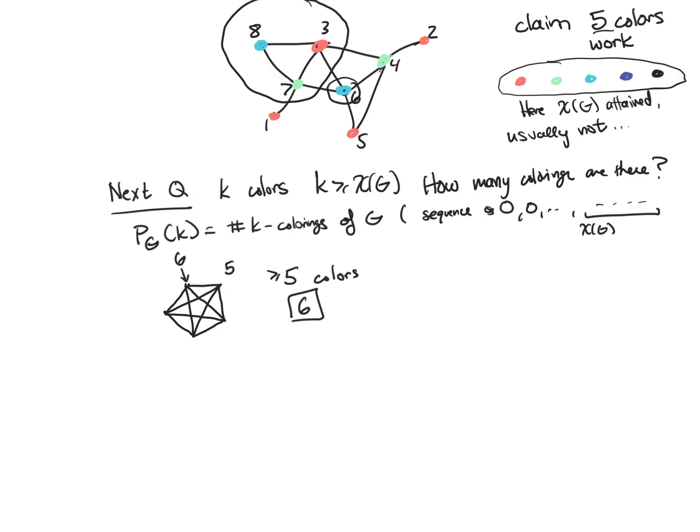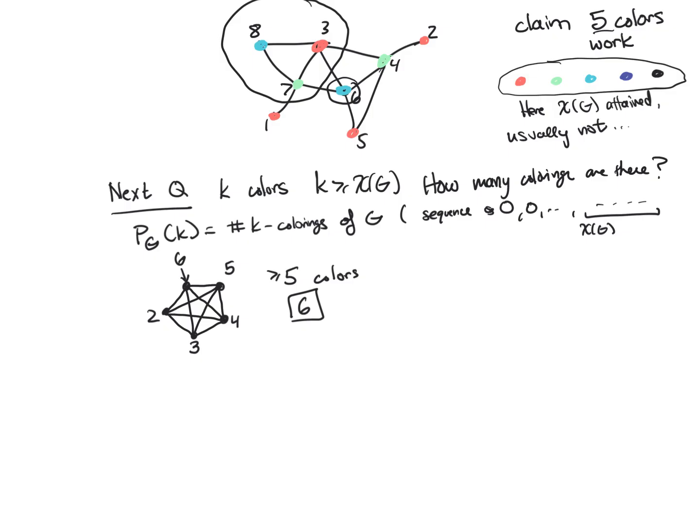For the next vertex, you get 5. For the next one, you get 4. Next one you get 3, and next one you get 2. Because at every vertex that you color, if you look at the rest of the graph, it's just a complete graph on n-1 vertices.